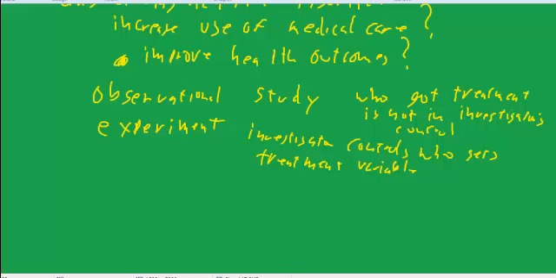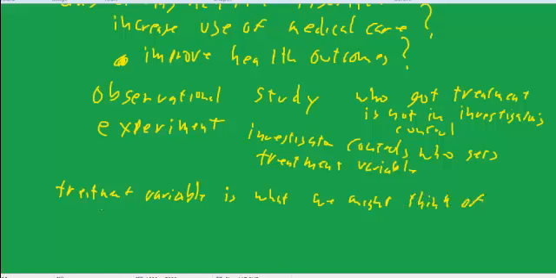So the treatment variable is what we might think of changing from a policy perspective. In this example, it's the health insurance.